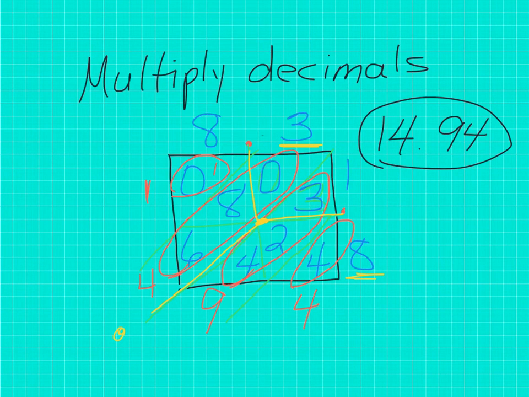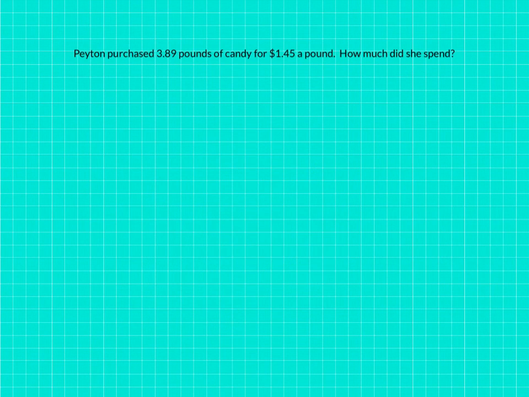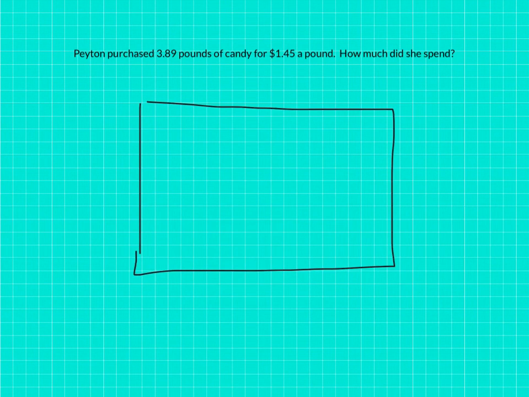So let's look at the next one. It says Peyton purchased 3.89 pounds of candy for $1.45 a pound. How much did she spend? So I'm going to set up my box. Make sure I give myself plenty of room. And then I've got 3.89 and 1.45.